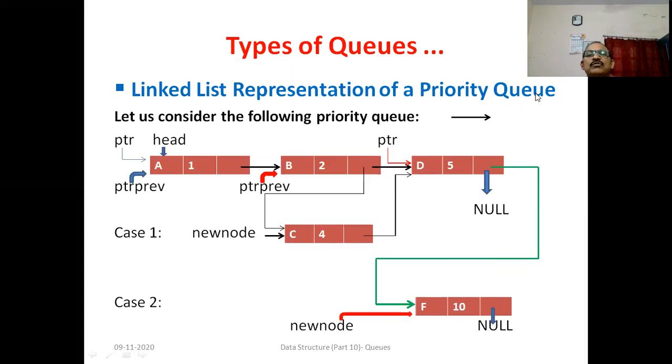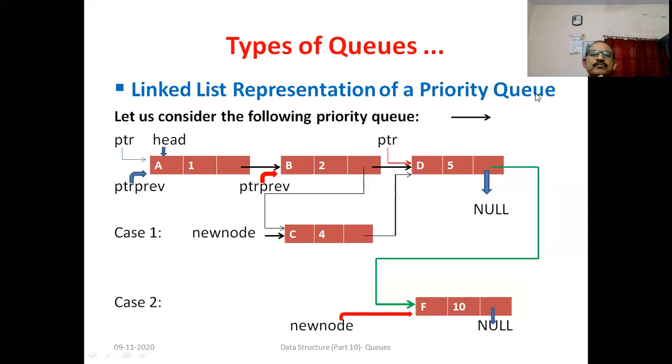Let us consider the following priority queue. Suppose the priority queue contains three items A, B, and D. The priority of A is 1, B is 2, and D is 5. Now suppose we want to add an item C having priority 4.